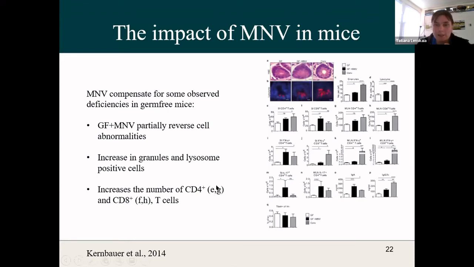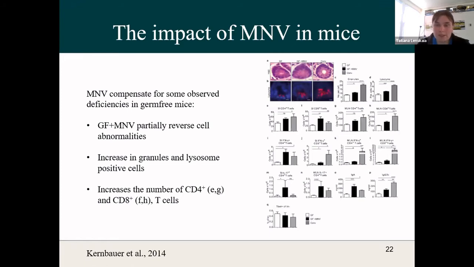And the researchers demonstrated that murine norovirus can compensate for these observed abnormalities in germ-free mice. Introduction of this virus can even reverse abnormalities, and it can also lead to an increase in granule and lysozyme positive cells, and also in the number of immune cells like CD4, CD8, and T cells.